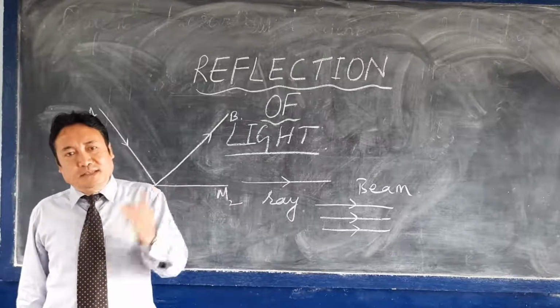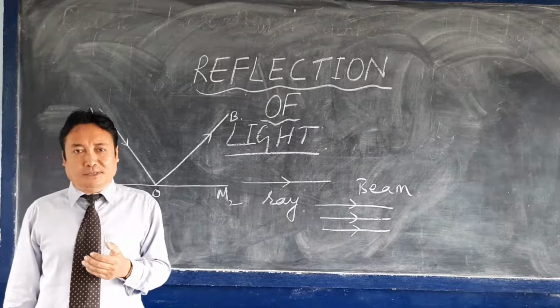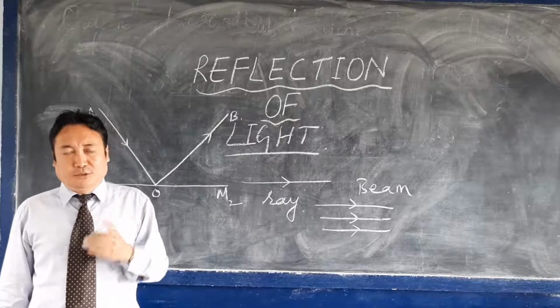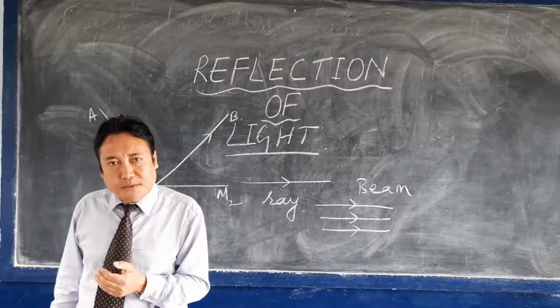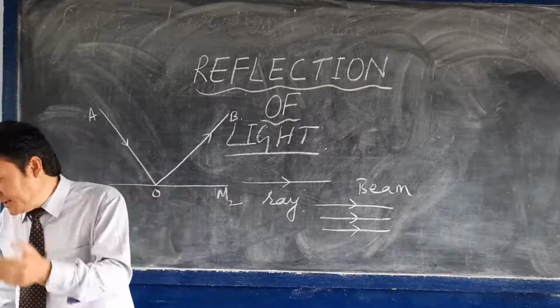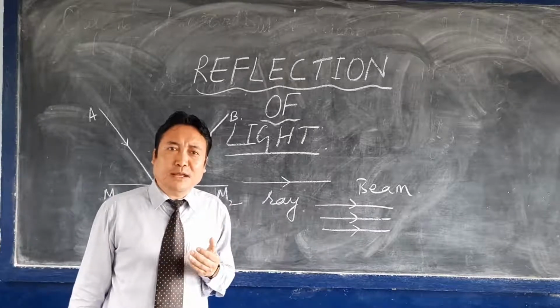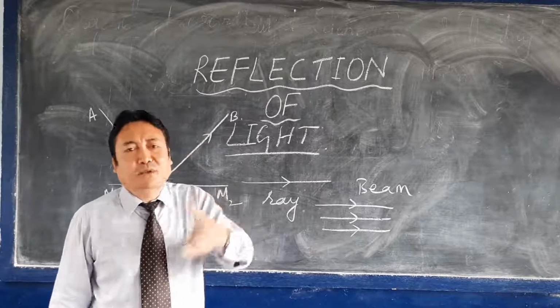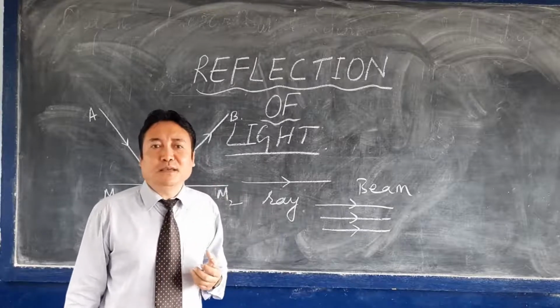So when the ray of light is incident on an opaque object, what will happen? Partly the light will be reflected, and the rest of the light will be absorbed. That means in an opaque object, mostly the light will be absorbed. Only partly the light will be reflected.